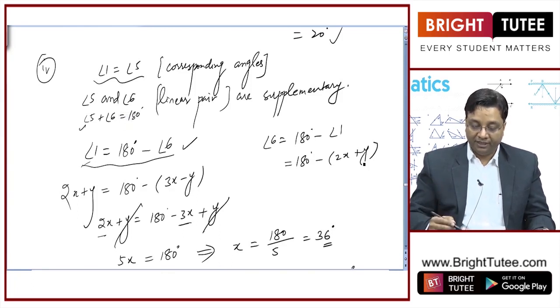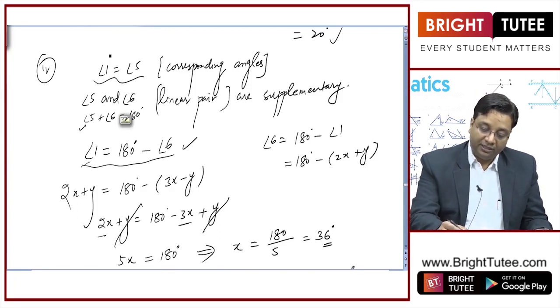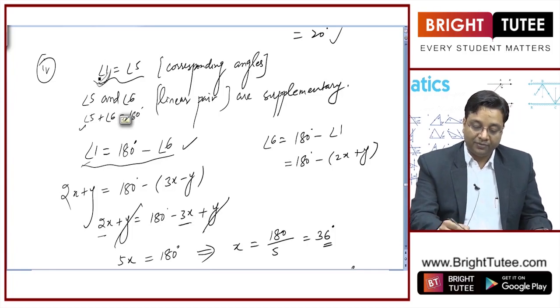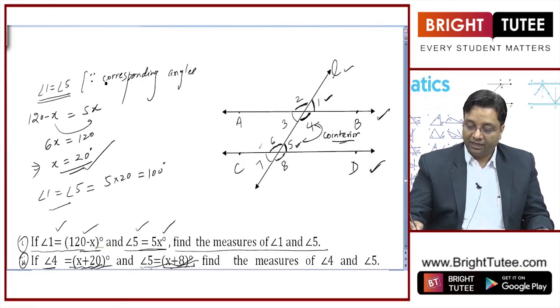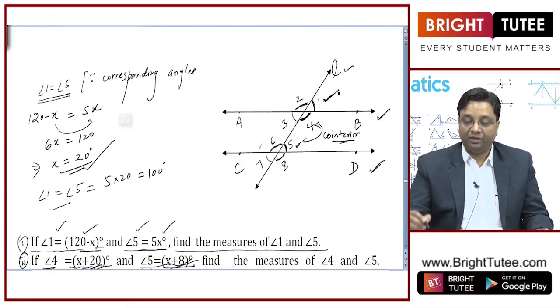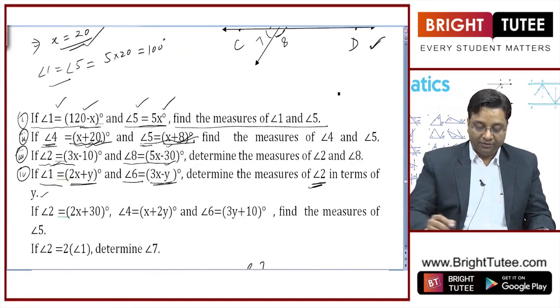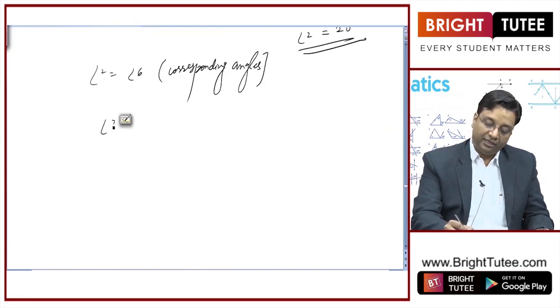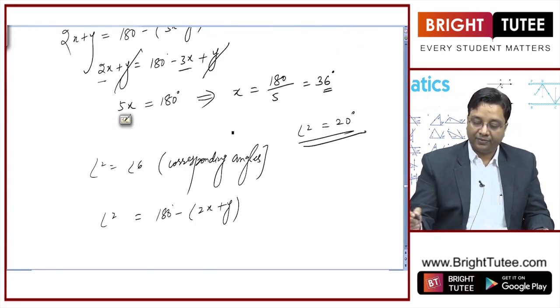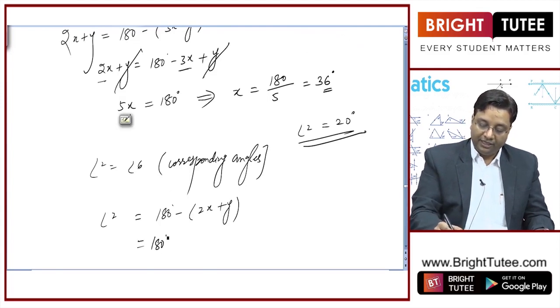Okay, so this is one of the ways of thinking about it. Otherwise, you can directly find the relation of angle 1 with angle 2. So angle 1 and angle 2, how are they related? These are a linear pair. Now I have got value of angle 1 as 2x plus y, so angle 2 will be 180 minus (2x plus y), which is 180 minus 2x minus y.